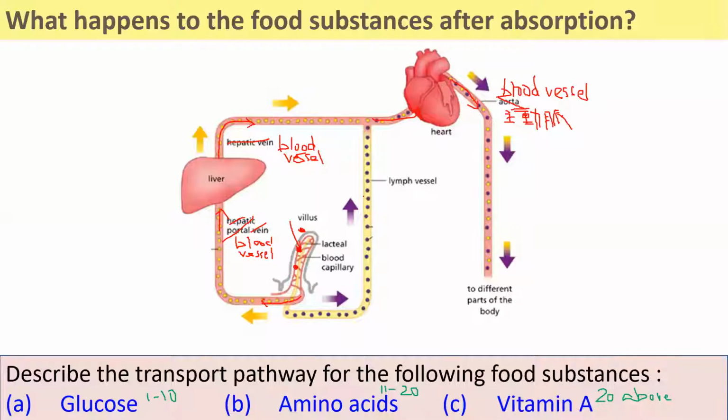You can follow. So the glucose molecules would be first absorbed into the blood capillaries in the villi and enter this blood vessel. And by this blood vessel, it is then carried to the liver.